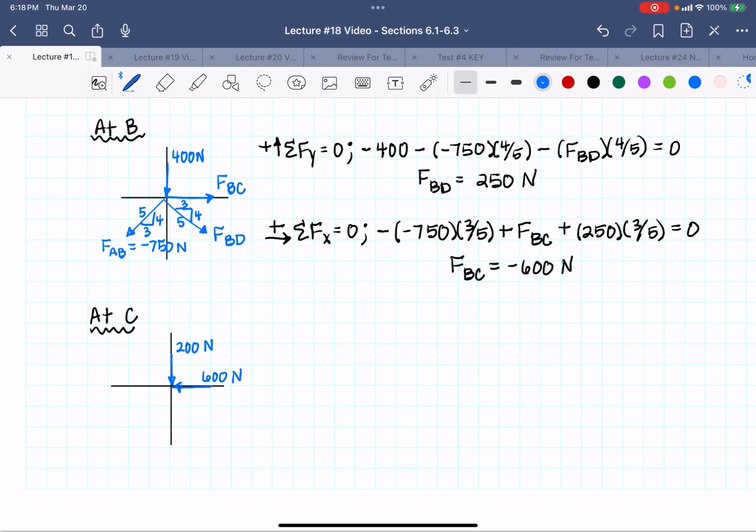Now I'm going to draw my forces that I have calculated. So I have FBC, which I've calculated to be negative 600 newtons. So I'm going to draw it as if it was in tension, but it is negative 600 FBC.